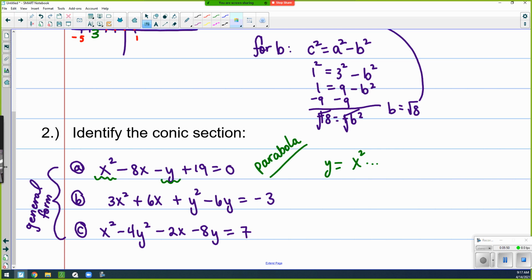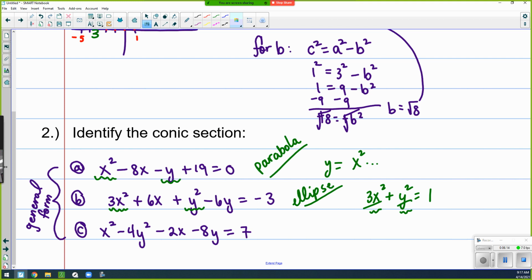Now the second equation, what do we have here? Well, this time I have 3x squared and a y squared, so I know that this one is going to be an ellipse. I know it's going to be an ellipse because you know, something x squared plus something y squared, hopefully eventually I can get it equal to 1, put something under here, put something under here.